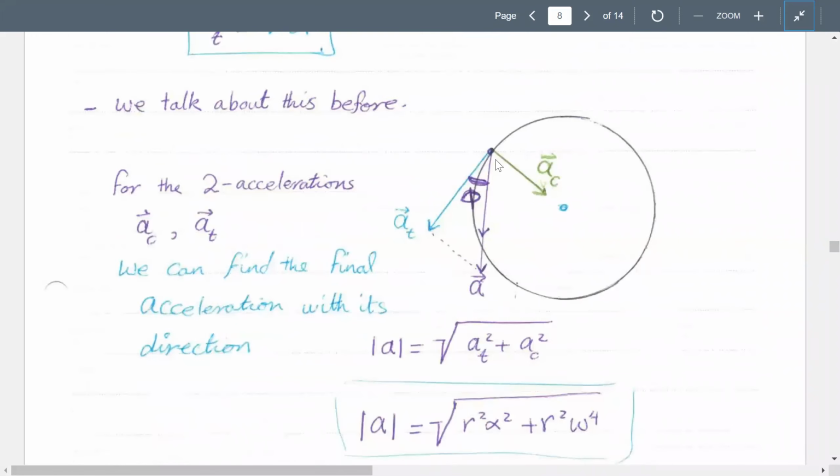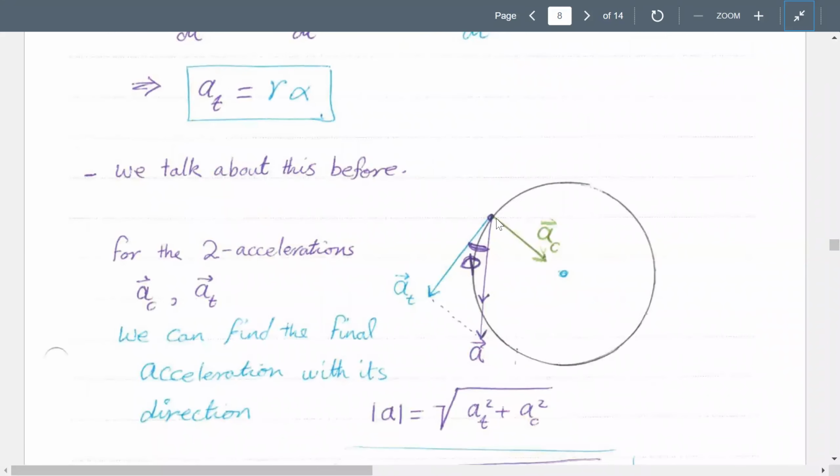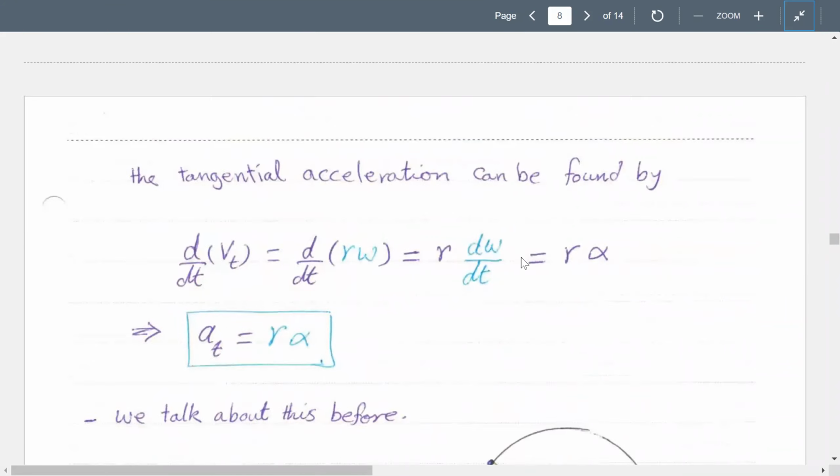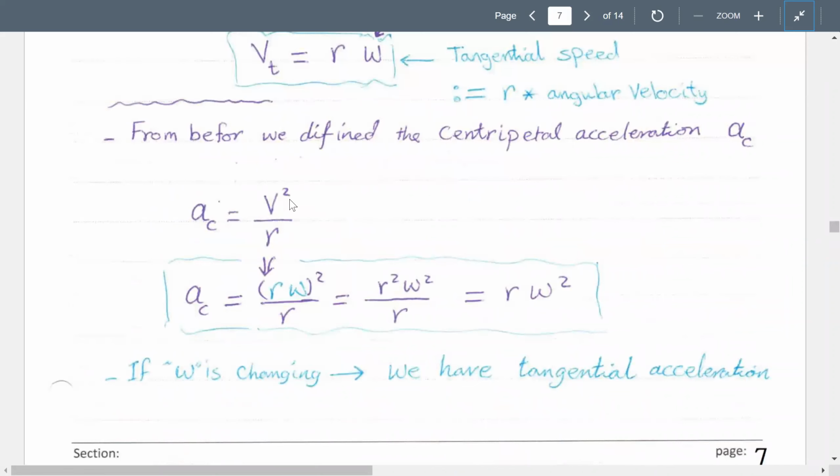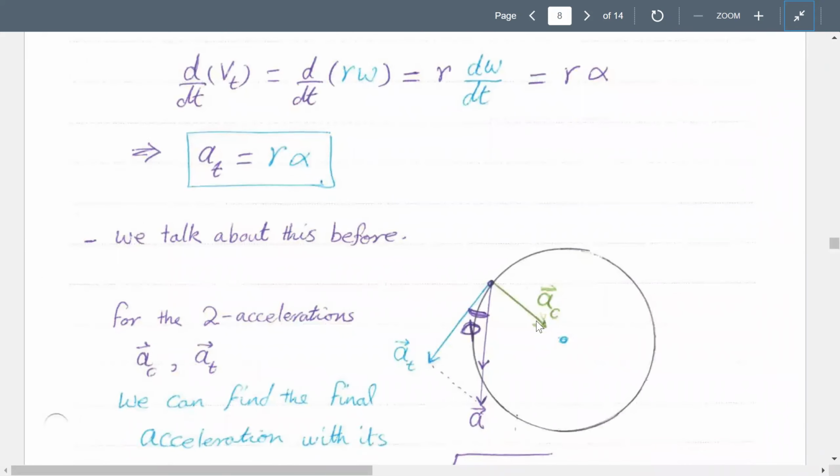Now, for any rotational motion, we have two accelerations. One of them is to the center, which is the centripetal acceleration, A C, V squared over R, or R omega squared. Okay, this is the radial one.